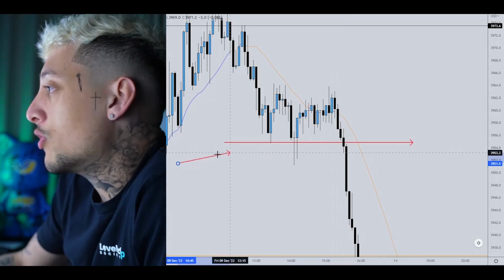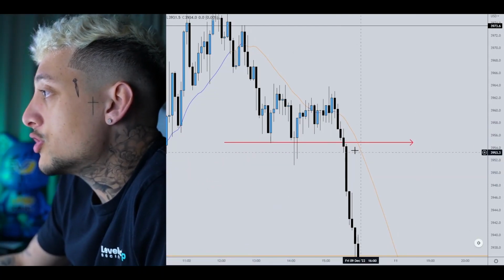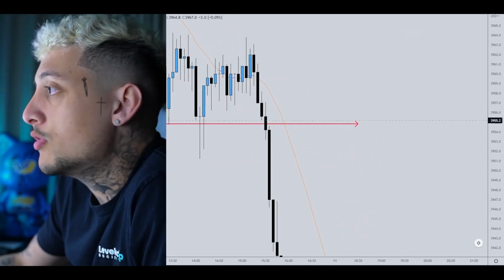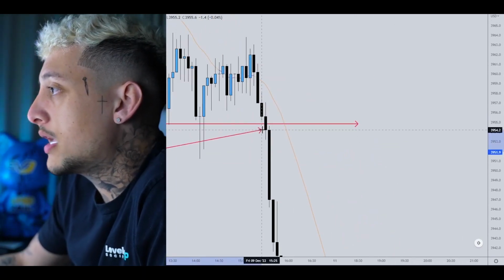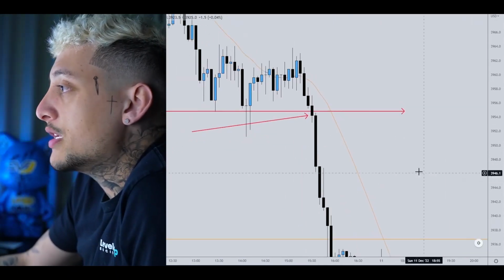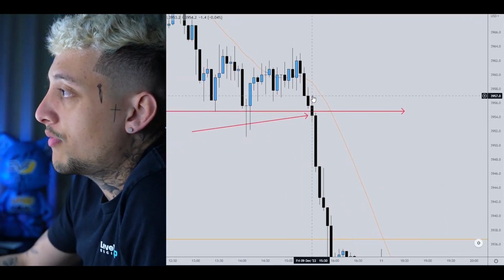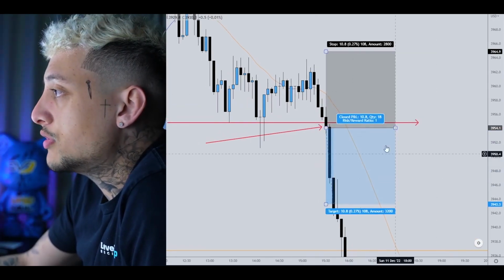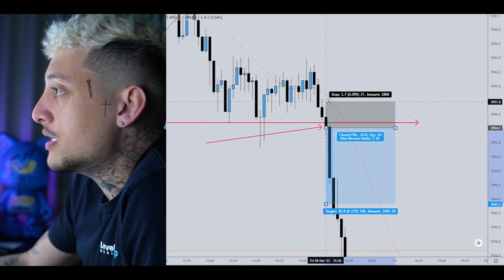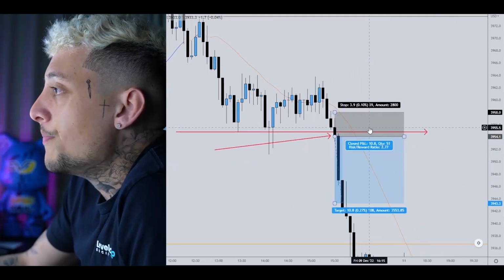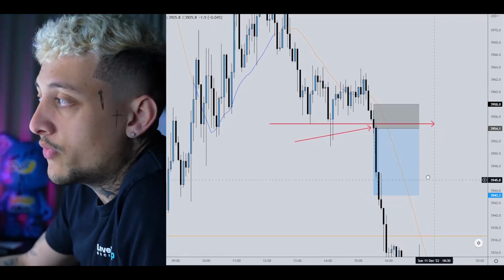Once price breaks and closes under the low, you place your stop loss slightly above the high of that candlestick. If you take a trade here, your stop loss is slightly above the candlestick, and obviously price needs to be trading under the moving average for you to sell.